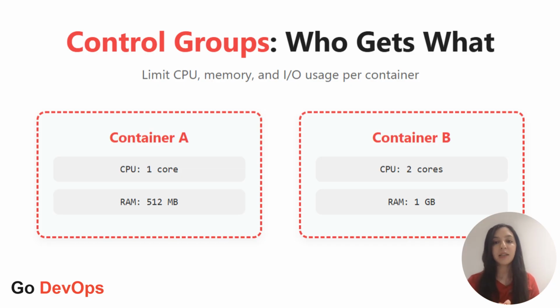It guarantees predictable performance, helps enforce service-level agreements, and contributes to the overall efficiency and security of containerized environments. So in short, cgroups are a fundamental part of what makes containers manageable at scale, especially in production-grade systems.